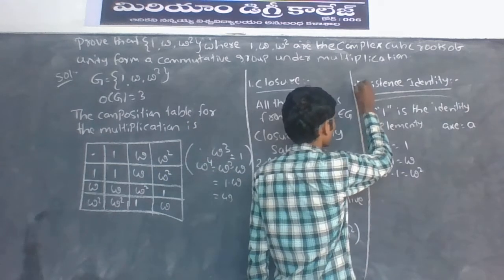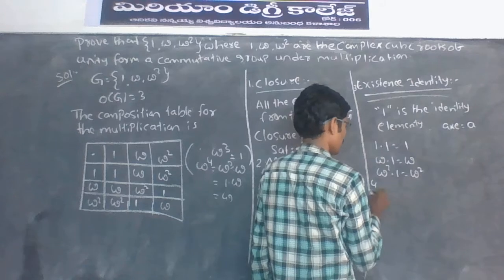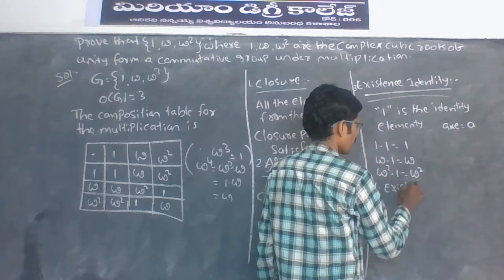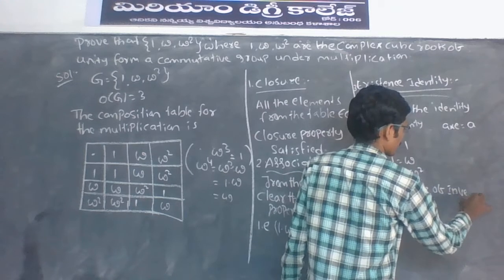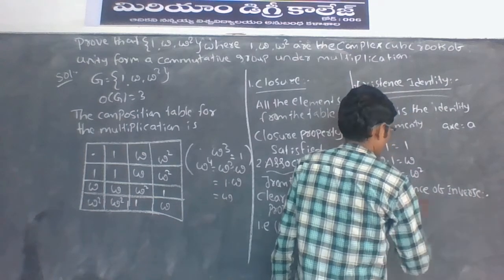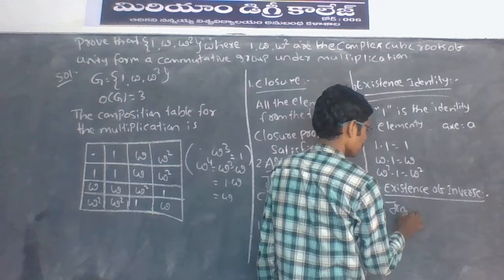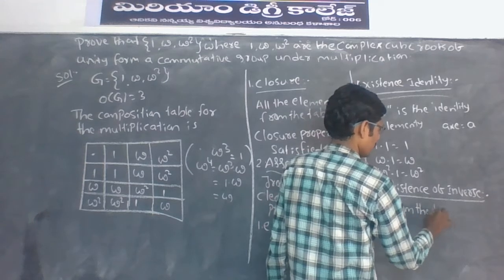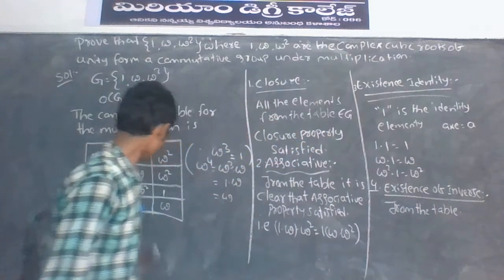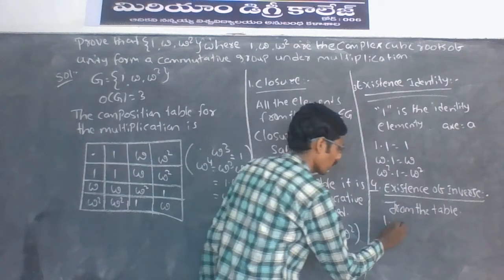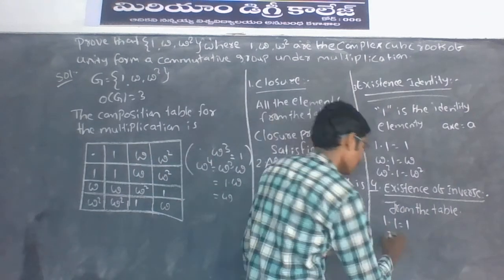Next, fourth one, existence of inverse. From the table, 1 into 1 is equal to 1.